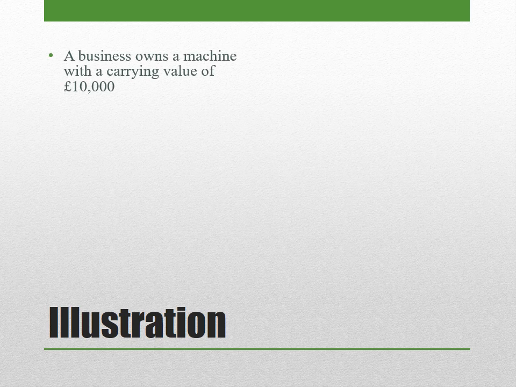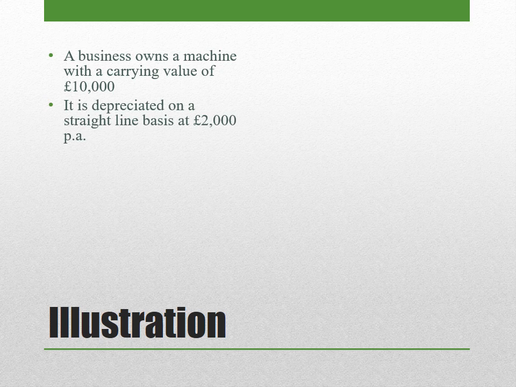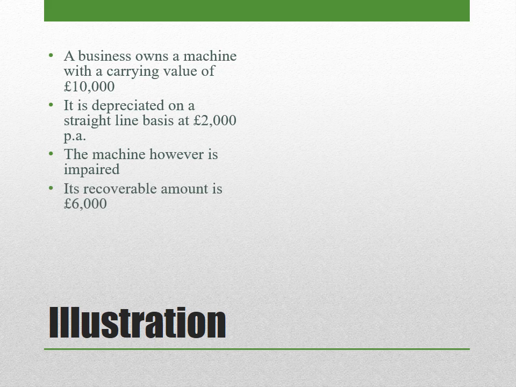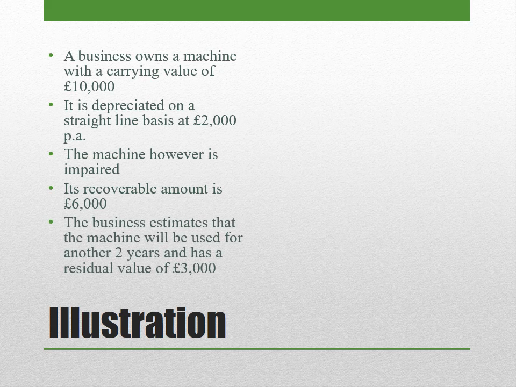Let's just illustrate this. So a business owns a machine, it's got a carrying value of £10,000, and it's been depreciated in the past on a straight line basis at £2,000 per year. But we've noticed that the machine has been impaired, and its recoverable amount has now been estimated at £6,000.